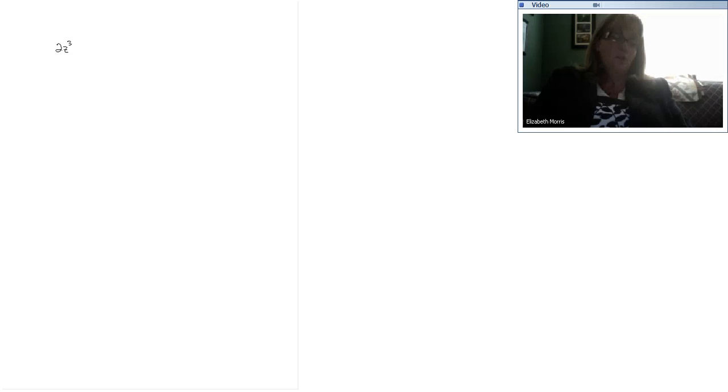2z cubed minus 5z squared plus 6z minus 15 divided by z minus 5. All right. What would I multiply z by to get 2z cubed? 2z squared. 2z squared times z is 2z cubed, and 2z squared times negative 5 is negative 10z squared.